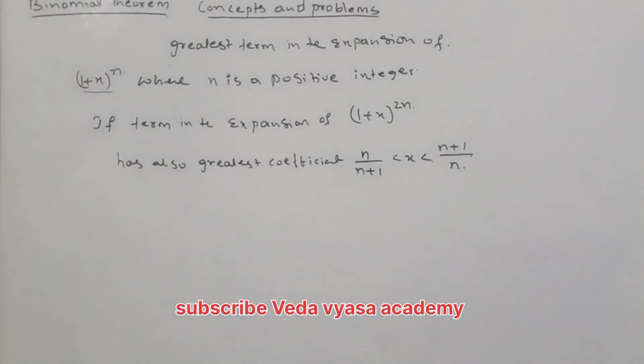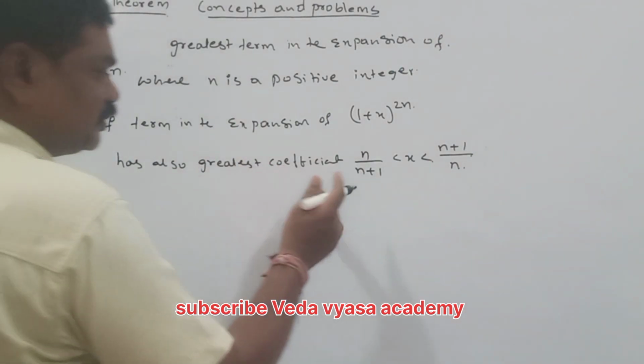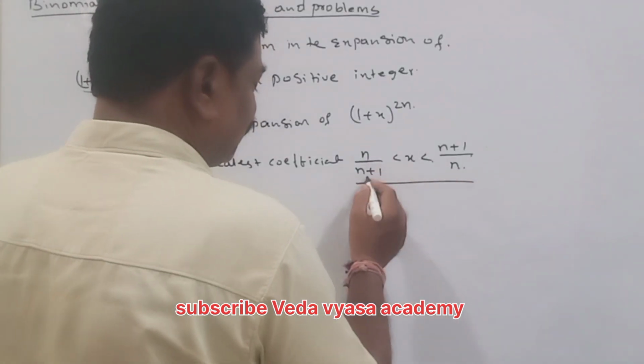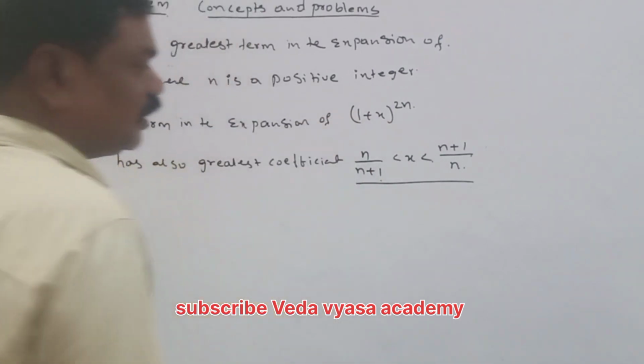So also greatest coefficient is in between n by (n plus 1) less than x less than (n plus 1) by n.